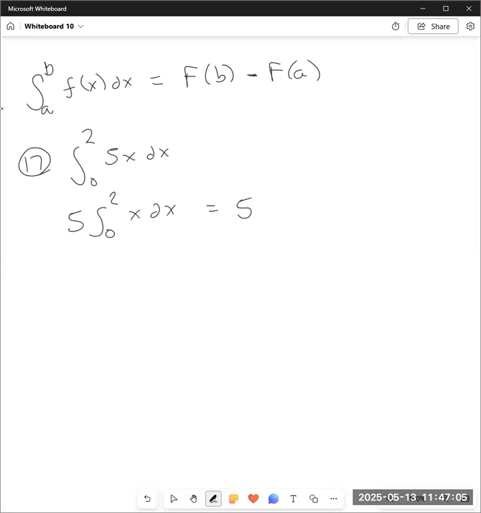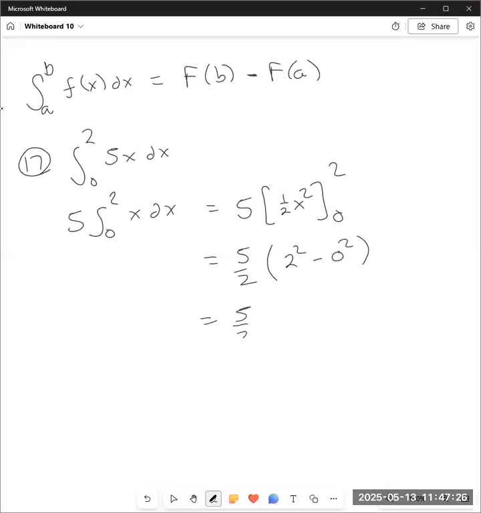Using my rules of integration here, I get 1/2 x squared for my antiderivative. My bounds are 0 to 2, so I have 1/2 times 5 is 5/2, and then 2 squared minus 0 squared.